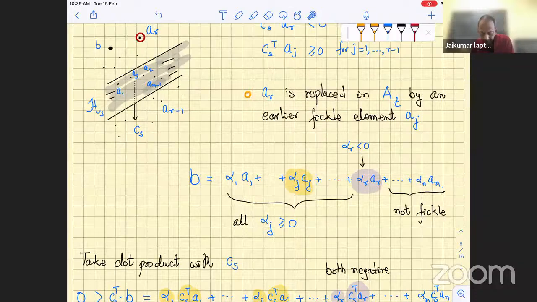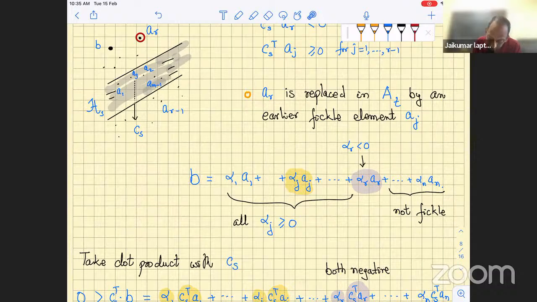This A_j is about to enter the anchor set and throw out A_R. I keep saying basis, I meant anchor set.